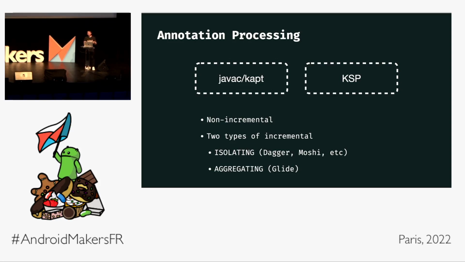So like in Dagger, for instance, anywhere that you have an injected type, you need to run the Dagger processor over it to generate a Dagger factory for it. And if you try to use that in some sort of downstream module and there's no factory for it, then Dagger is going to generate that factory in the downstream one, and that actually ends up breaking incremental processing. And so it's a huge foot gun to easily run into.